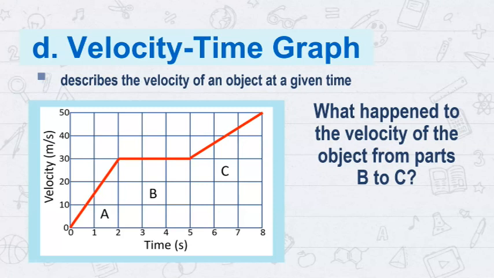Here's another question. What happened to the velocity of the object from parts B to C? Looking at the steep slope here, the object's velocity increased, which means it accelerated.